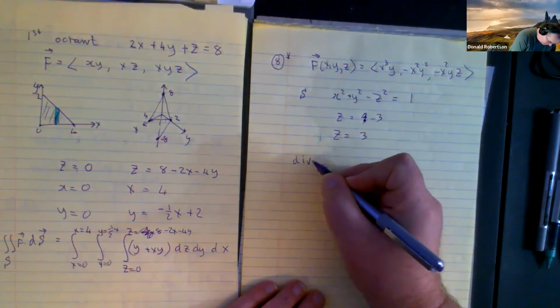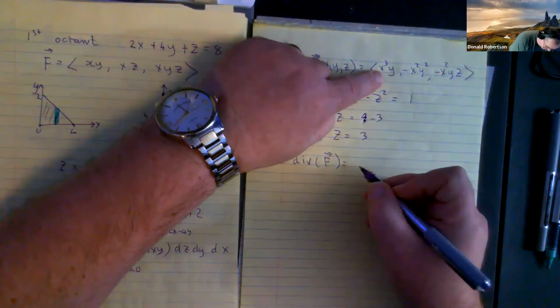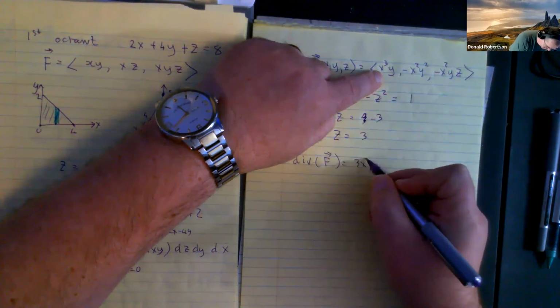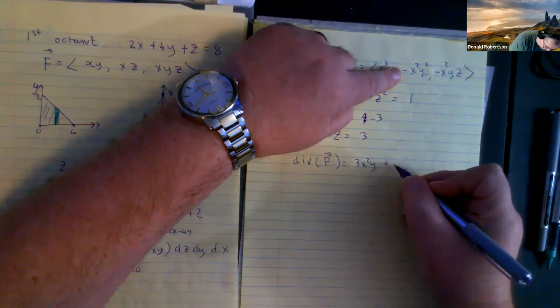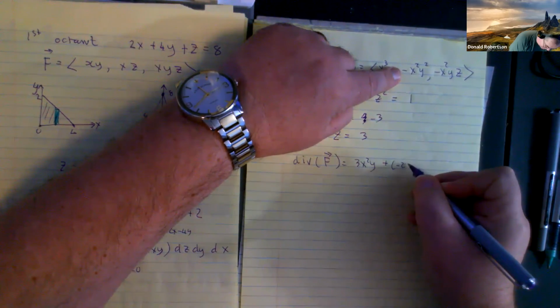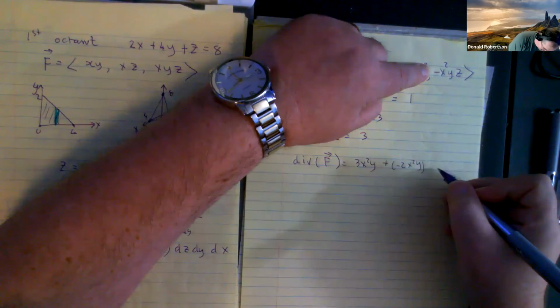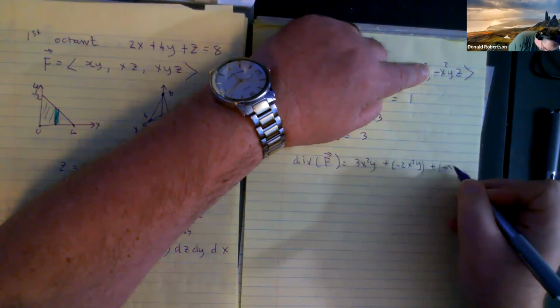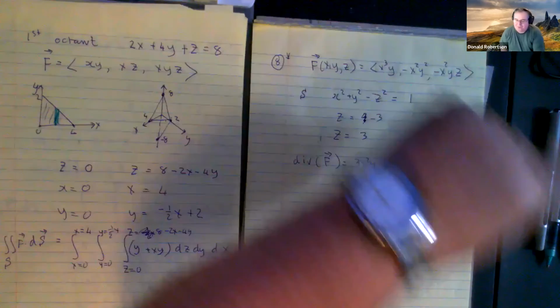So let's do it. The divergence of f is differentiate this guy with respect to x, plus differentiate this guy with respect to y, plus differentiate this guy with respect to z. Do you see a nice answer?